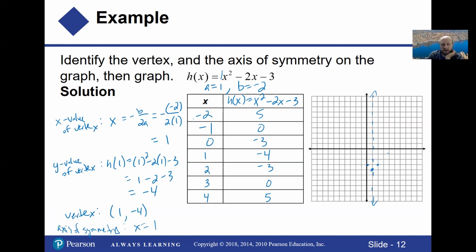And then I have (2, -3), (3, 0). And then on the other side, (-1, 0).